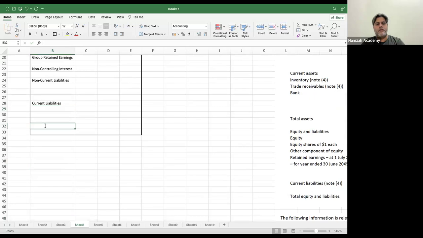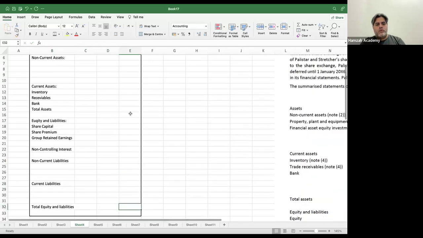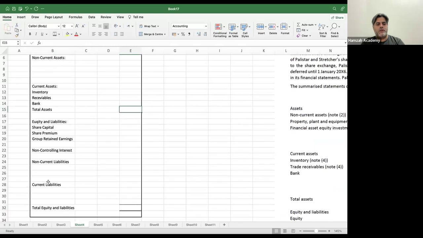And then we have total equity and liabilities over here. So after this, some underlying cosmetic arrangements.